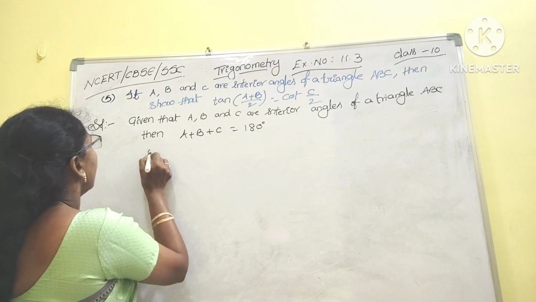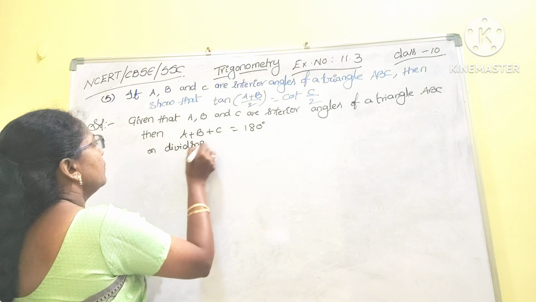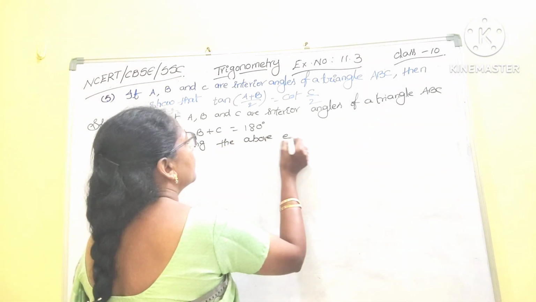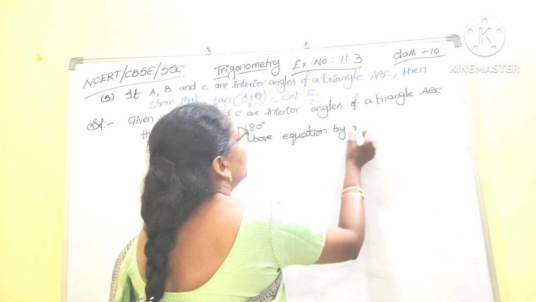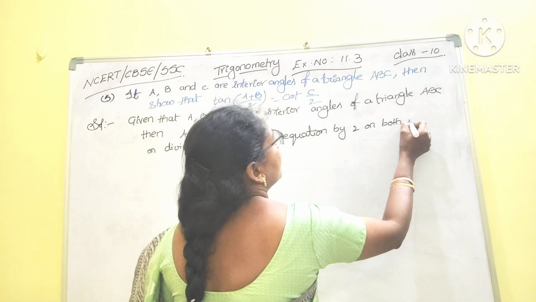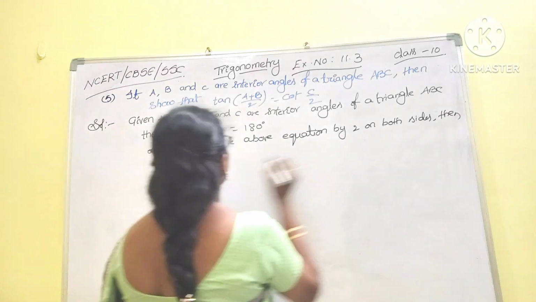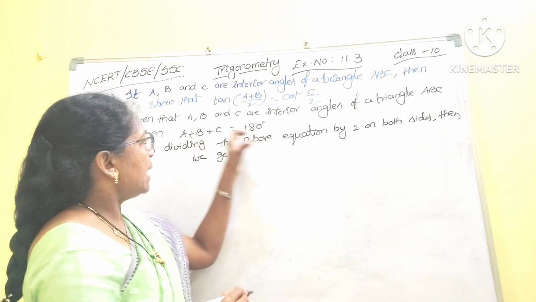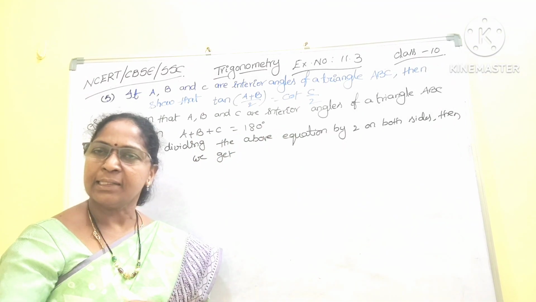Now on dividing the above equation by 2 on both sides, then we get the sum of these three angles equal to 180 degrees, that is the angle sum property.